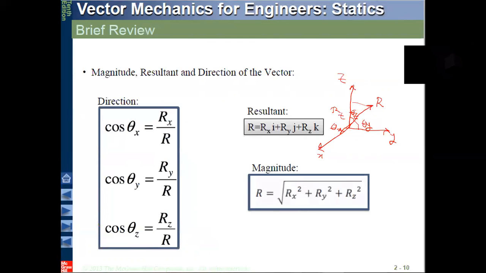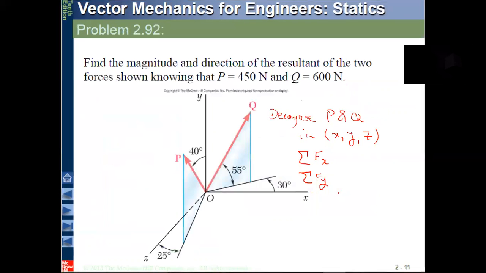And you can do the same for the y direction and the x direction. So this is where these equations come from. And you also have the magnitude, which again can be derived by the Pythagorean rule.